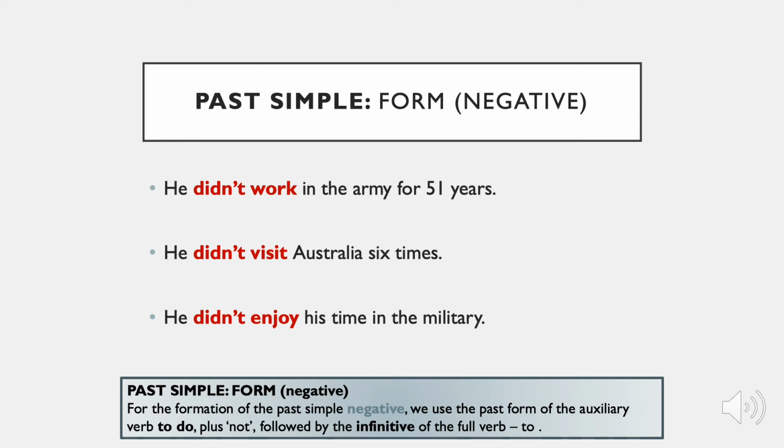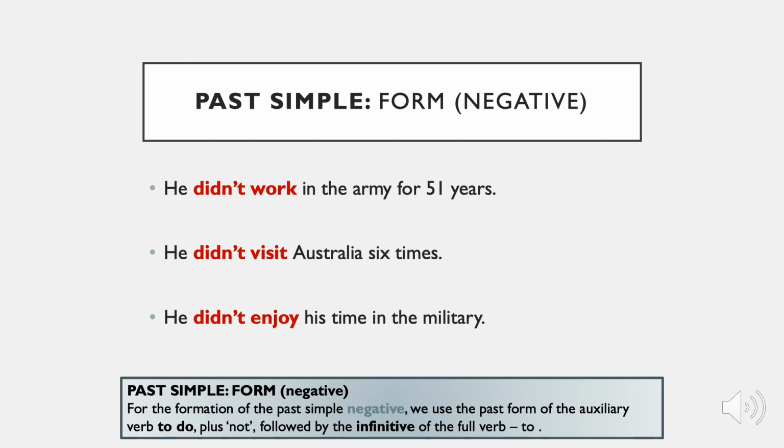To form the negative form of the past simple, you use the word didn't or did not. Let's take a look at the first sentence as an example. He didn't work in the army for 51 years. The infinitive of the verb is to work.